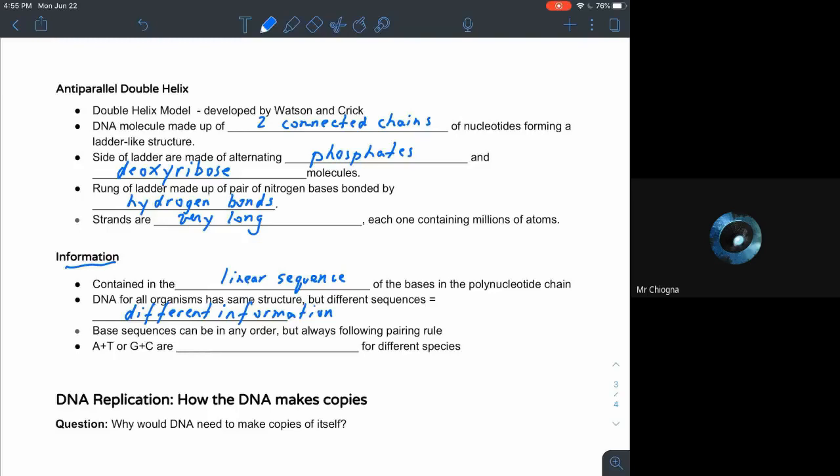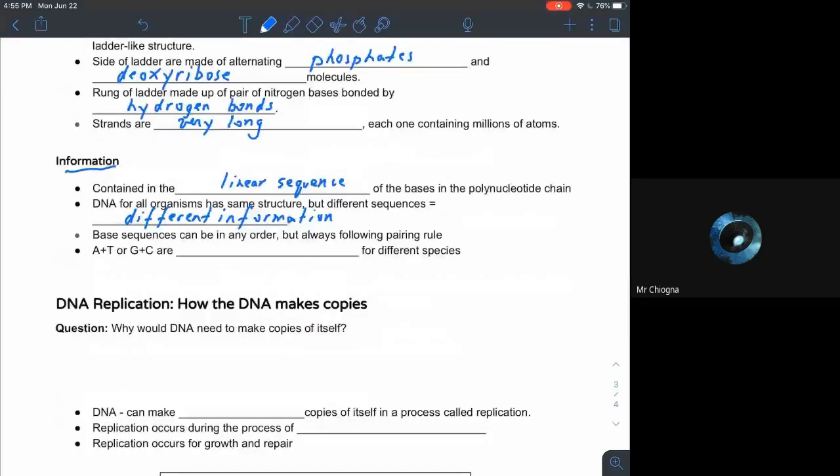Okay, A plus C and G plus C are different for different species. That means the order is different. That's what makes the genes different.